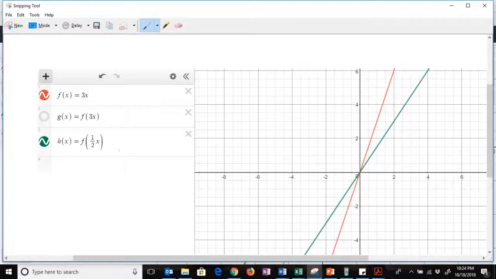So if I'm looking here at this guy, this 1/2, okay, this is a stretch, because this turns into the opposite. I'm really stretching by a factor of 2. And here, this is really the opposite. It's 1/3.